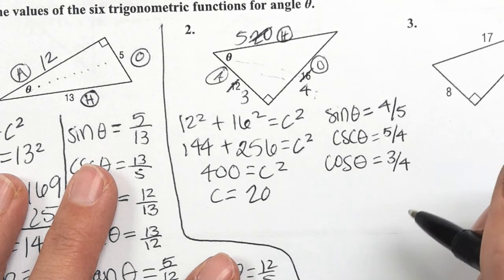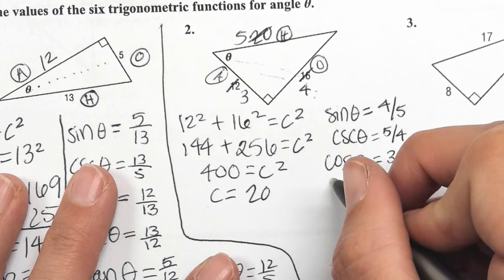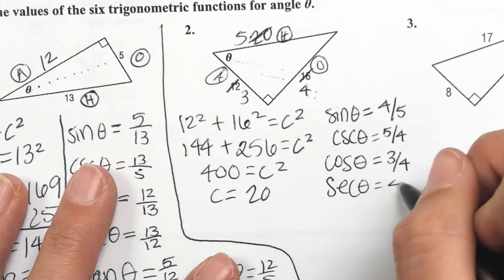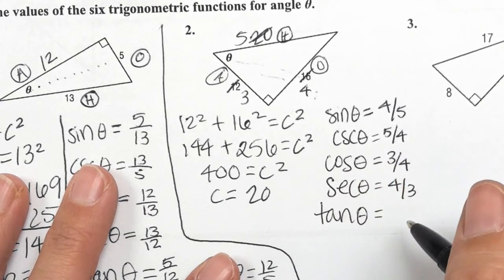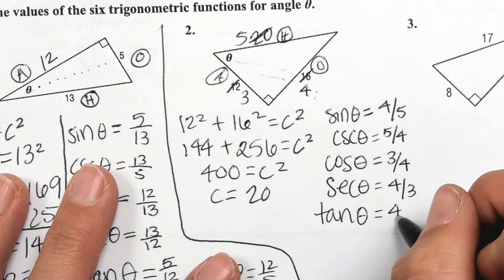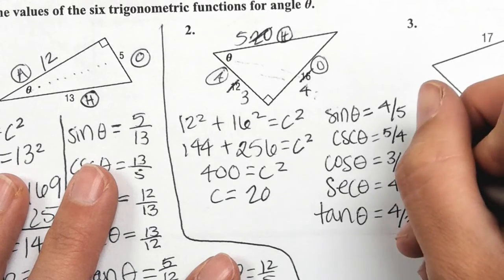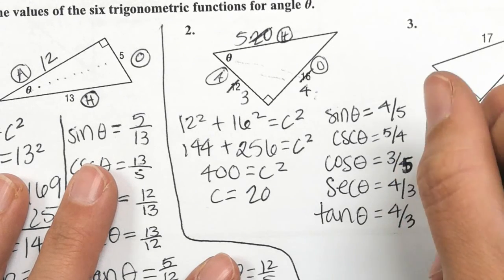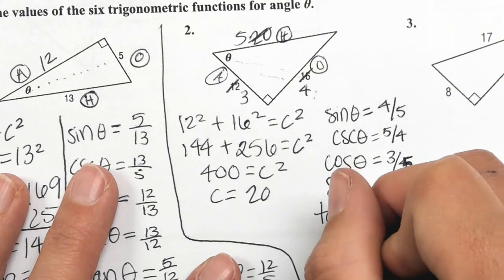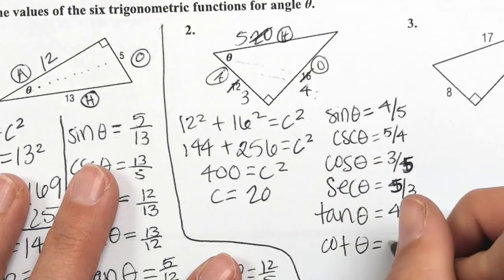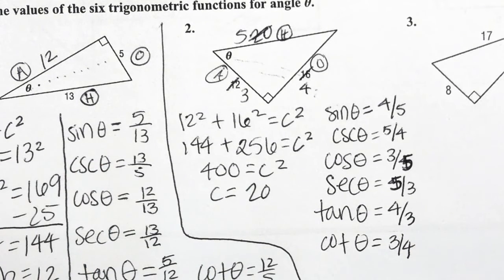Adjacent over hypotenuse. Alright, what's cosine's boyfriend? Secant, and it's going to be? Good. Tangent? Good. It would be. Shame, shame. And then cotangent. 3 over 4. Good.